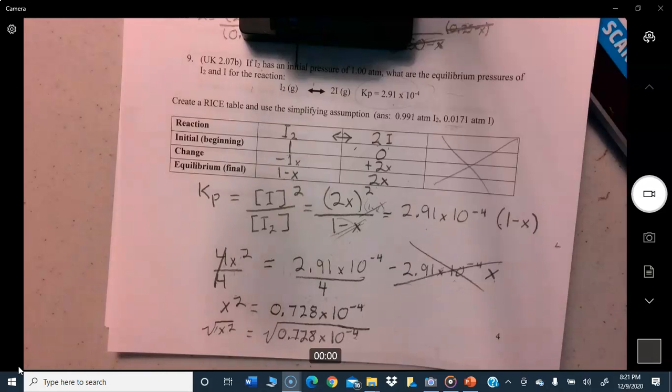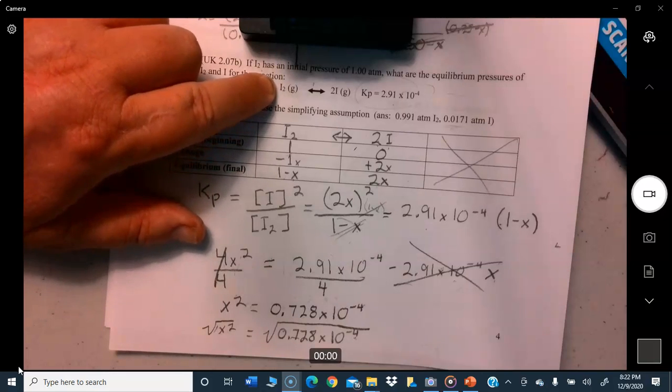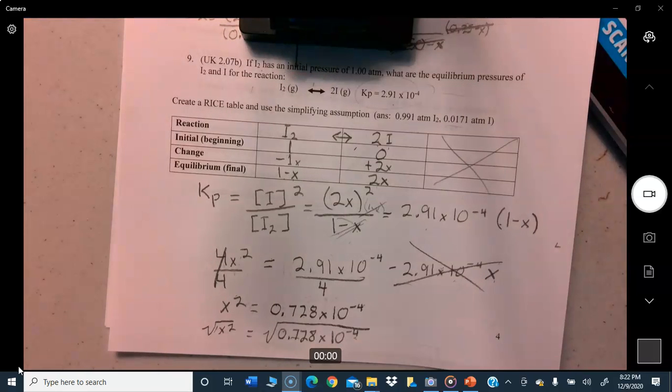Okay, you're finding what these concentrations are where this reaction finds its happy place and just kind of stops, and how much of the reactant and how much of the product it's going to have at that point when it stops reacting. And that's what this is all about. So chemists need to know this stuff for a whole lot of reasons, but your reason for wanting to know is because of the AP exam.